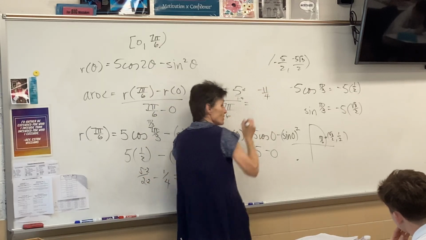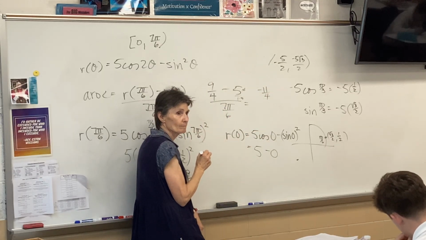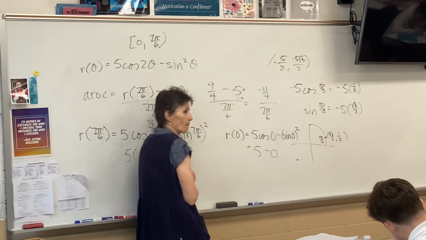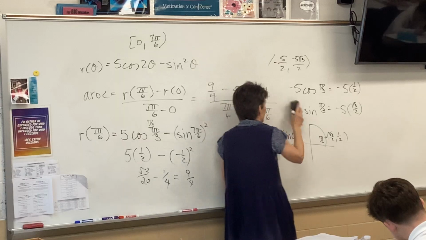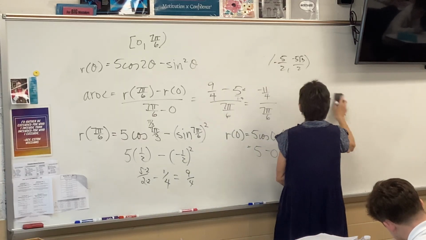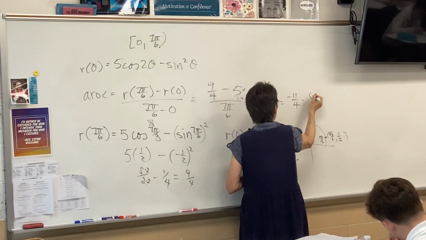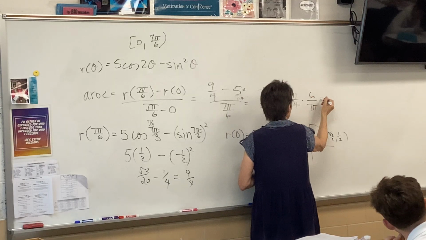Negative 11/4 divided by 7 pi over 6. It's not pretty, but it is what it is. Negative 11/4 times 6 over 7 pi.